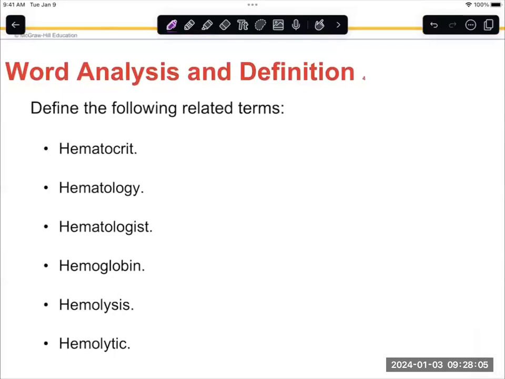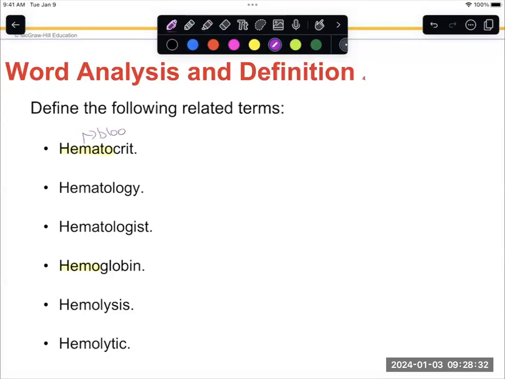So we looked at what hematocrit means. So let's break these down. Hemato is our combining form, and hemo, our other combining form, they both mean blood.